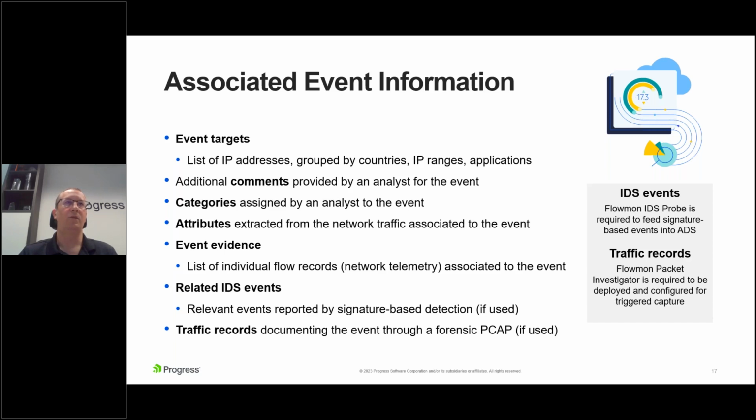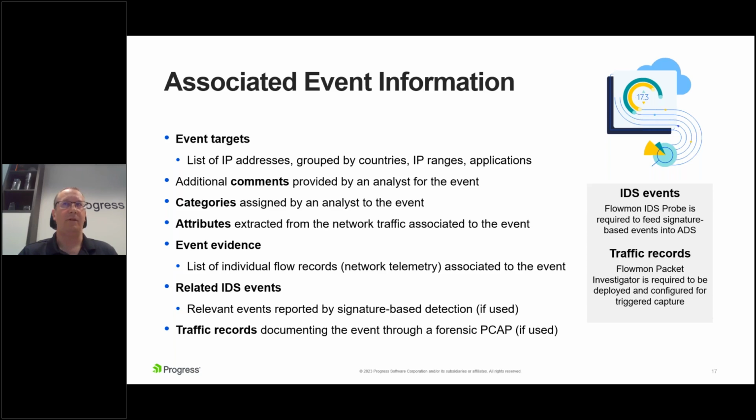Then there are attributes extracted from the network traffic, like amount of transfer data, number of packets, so some aggregated information, context sensitive for that specific event extracted from the network traffic. Then we present so-called event evidence, which basically means the network traffic that caused the event to be detected. So it's a list of flow records, as we will see on the next slide.